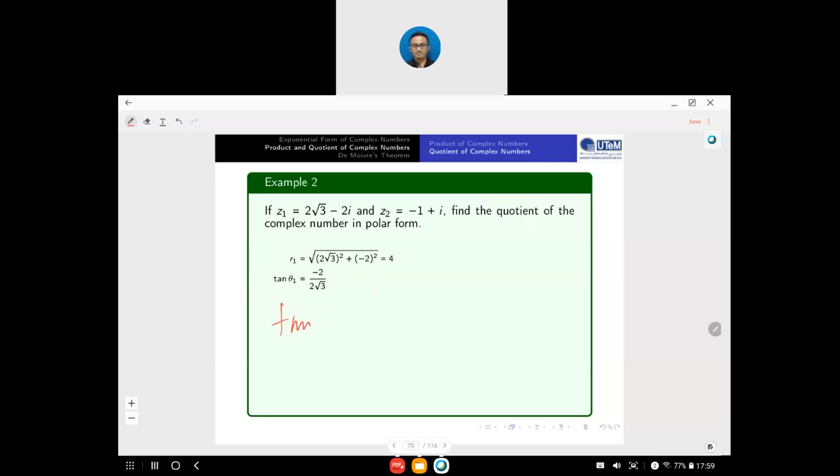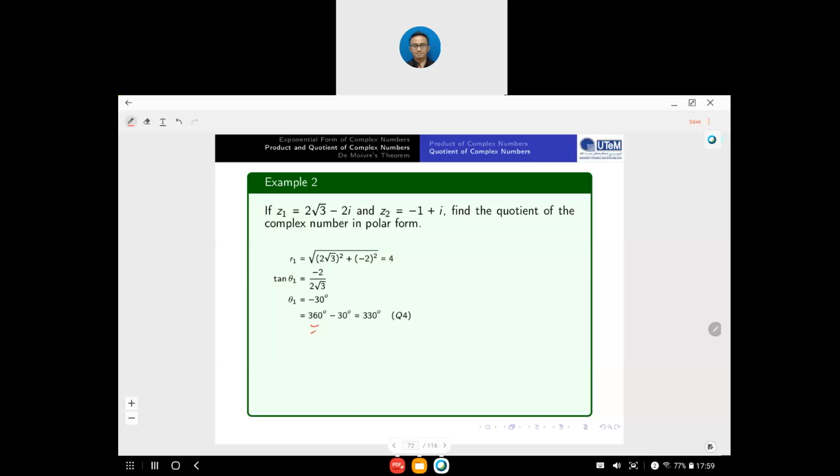Tangent theta 1 equals negative 2 over 2 square root of 3. Theta 1 equals tangent inverse of negative 2 over 2 square root of 3. Solve this one, you can get negative 30 degrees. So it is placed in the fourth quadrant. You must find theta 1 equals 360 degrees minus 30 degrees. So you can get 330 degrees.